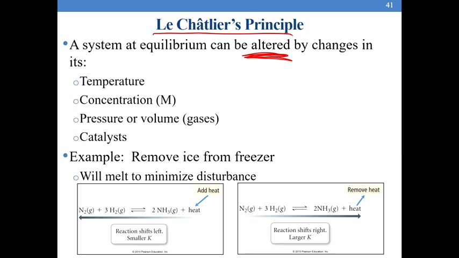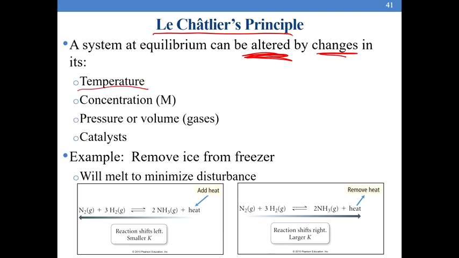They're going to have to move a foot so they don't fall over. They shifted their body position in order to be able to continue to stand up. That is what Le Chatelier's principle is doing. We are adding a disturbance to the equilibrium, and that system, that chemical reaction, is going to shift to go back to equilibrium.